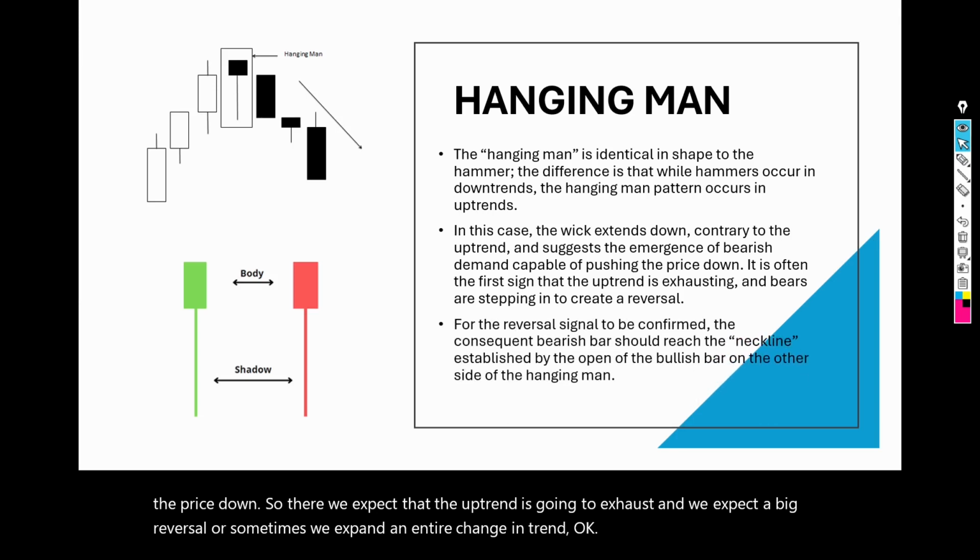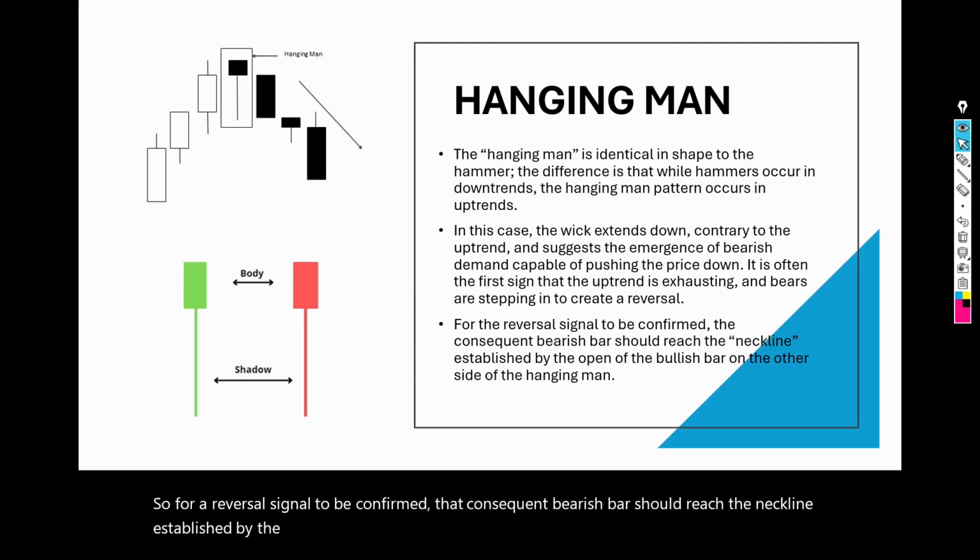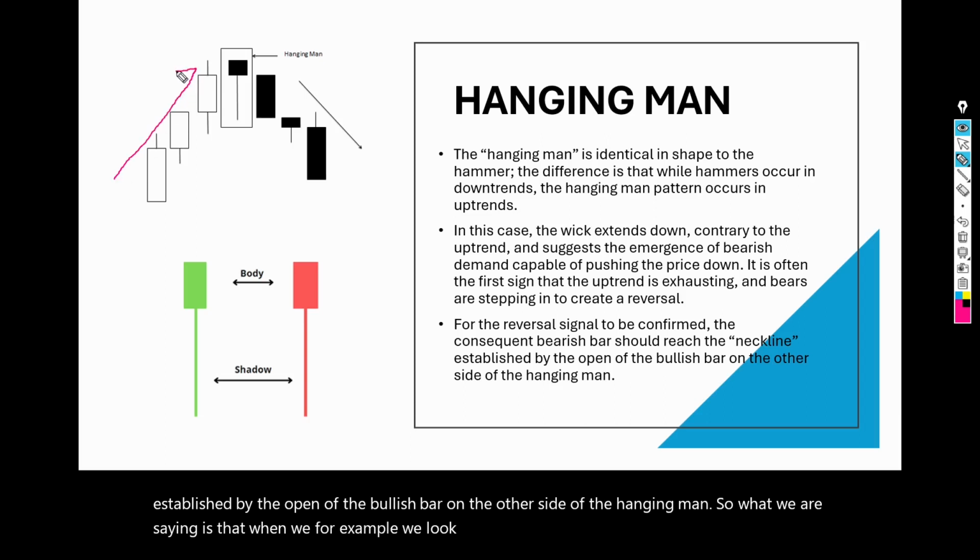So for a reversal signal to be confirmed, the consequent bearish bar should reach the neckline established by the open of the bullish bar on the other side of the hanging man. So for example, here we have an uptrend, and then we form this hanging man.